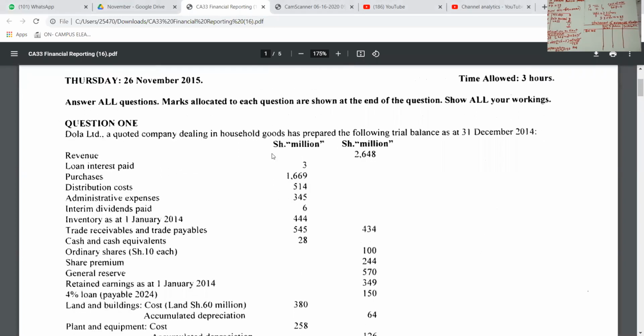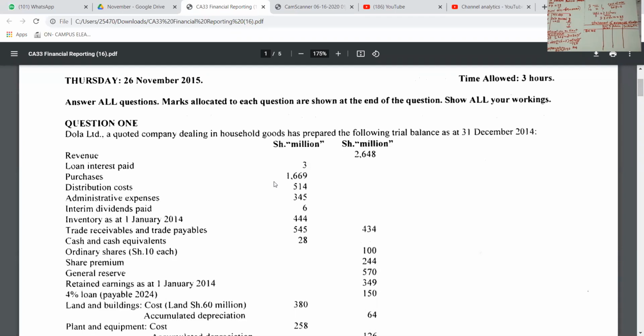So cost of sales was not there, so we determine it. Opening stock is this inventory, 444. So you take 444 plus purchases, which is 1669. And remember that our closing stock was 381, from our working number one.